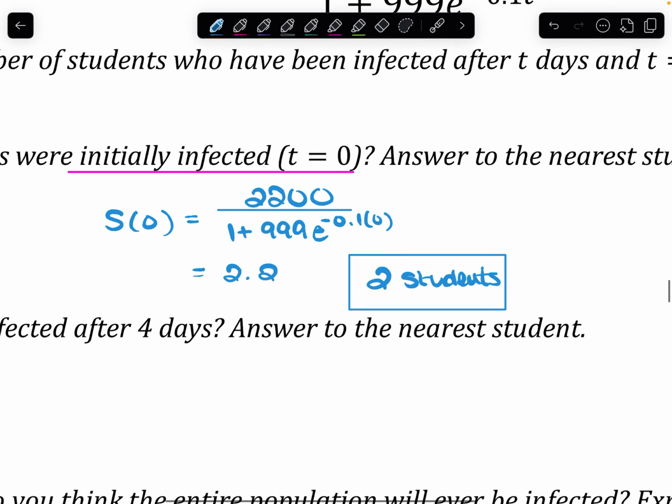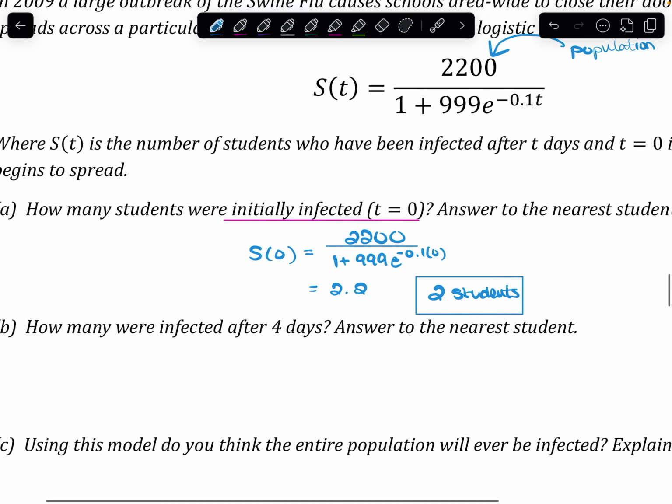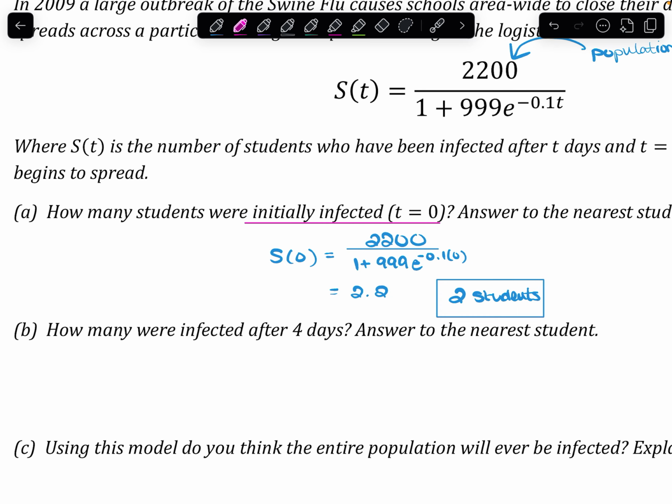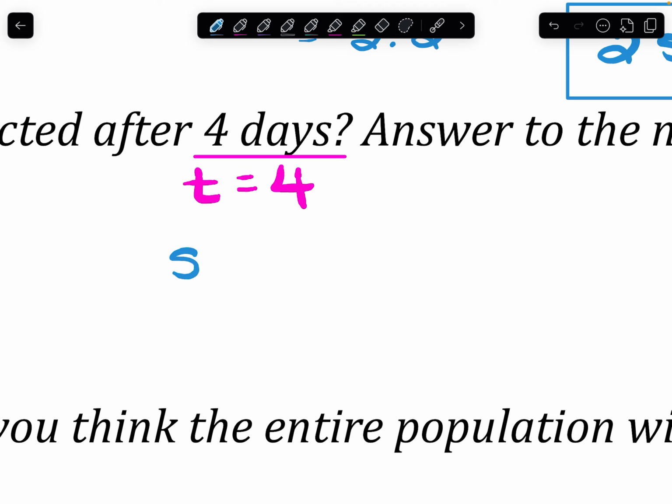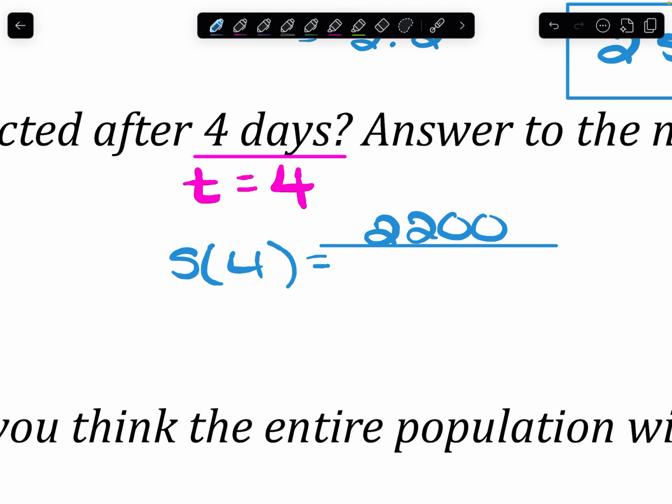All right, B. How many were infected after 4 days? 4 days, unit of time. So when t is 4. So now we're doing S of 4. 2,200 over 1 plus 999 e to the negative 0.1 times 4.